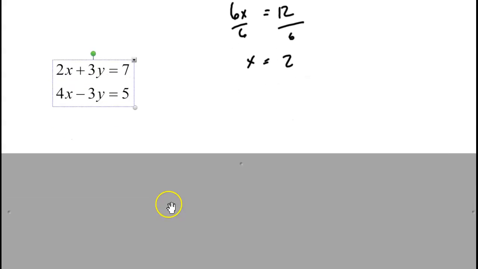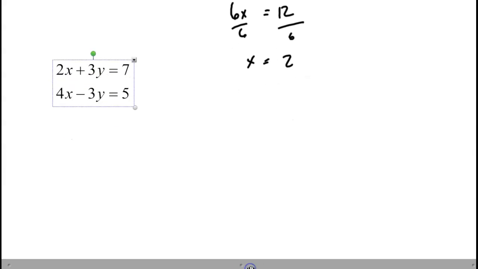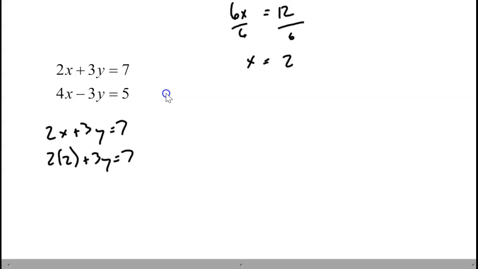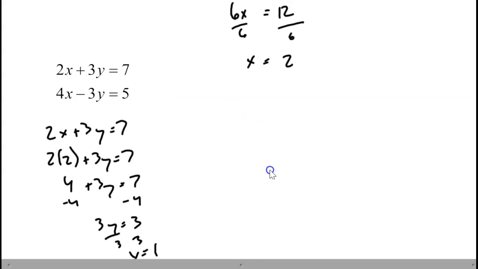Let's plug x equals 2 into 2x plus 3y equals 7, so we'll have 4 plus 3y equals 7. Get rid of the 4 on this side, and we have 3y equals 3. Getting y by itself, y equals 1.